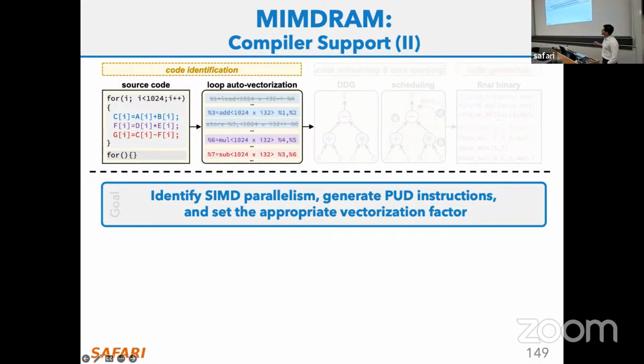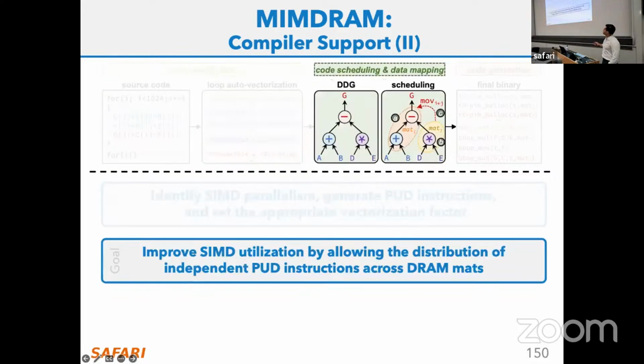But this third operation here, C minus F, depends on the two previous instructions. So there is some data dependence here, right? This means that the first operation and the second operation can execute in 2 different DRAM mats concurrently, but the third operation needs to wait for the 2 previous ones to execute.